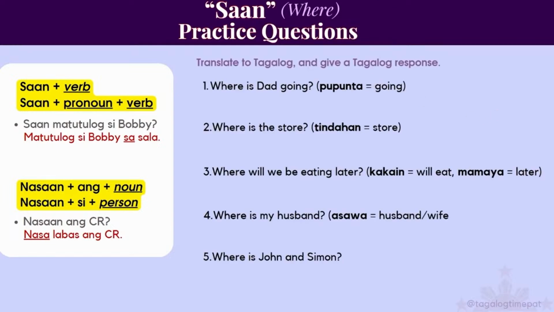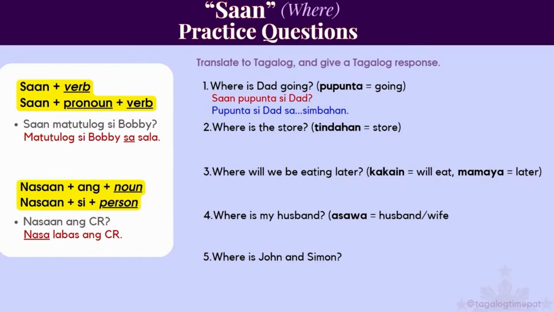So translate these questions to Tagalog. Where is dad going? Pupunta means going. So let's do this one together. Saan, because it's asking about an action. Pupunta si dad. Saan pupunta si dad? And then the response, pupunta si dad sa simbahan.